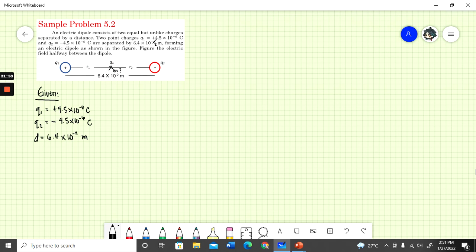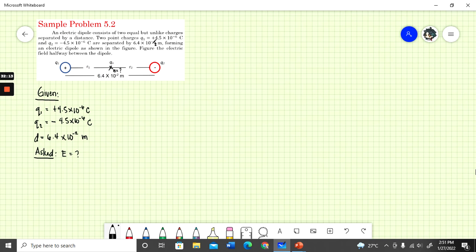So how am I going to solve for what is being asked, which is to figure the electric field halfway? What would be the electric field in the middle of these two charges?